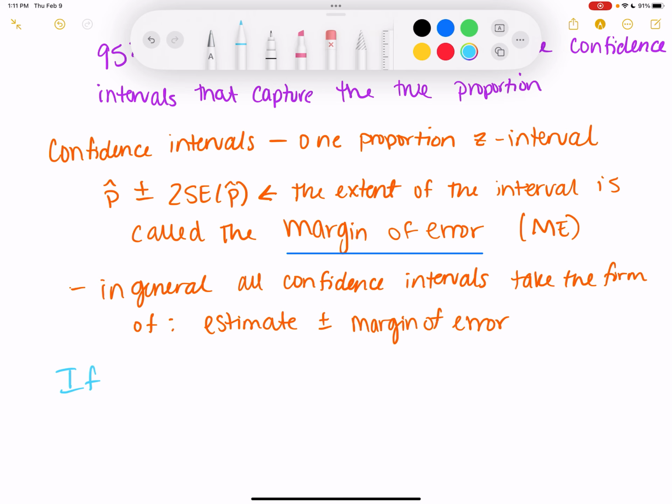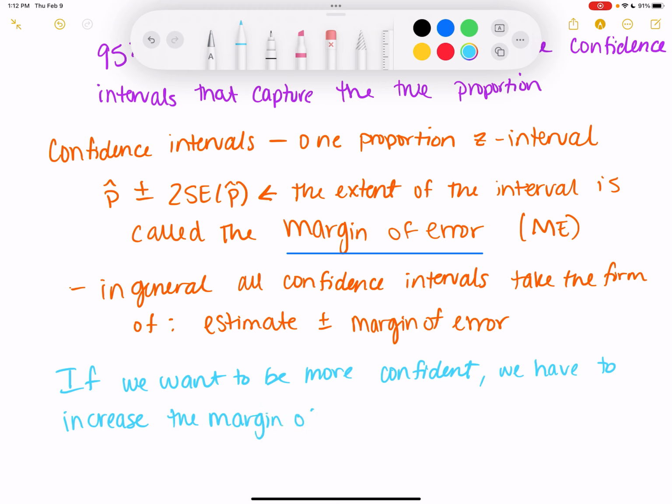All right. If we want to be more confident, we have to increase the margin of error, the larger the interval we could create. Wait, hold on.